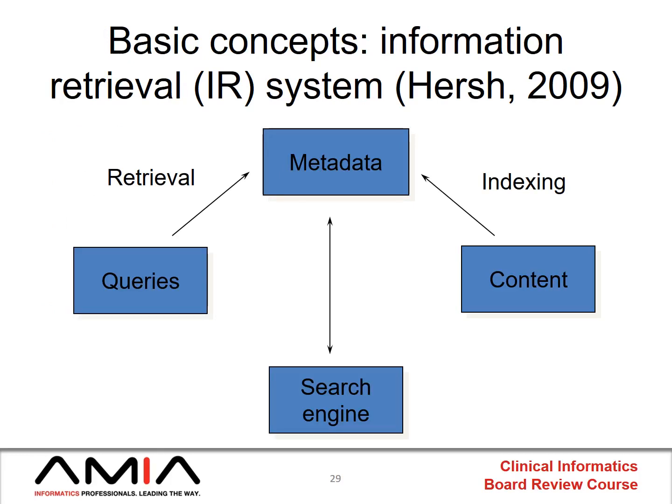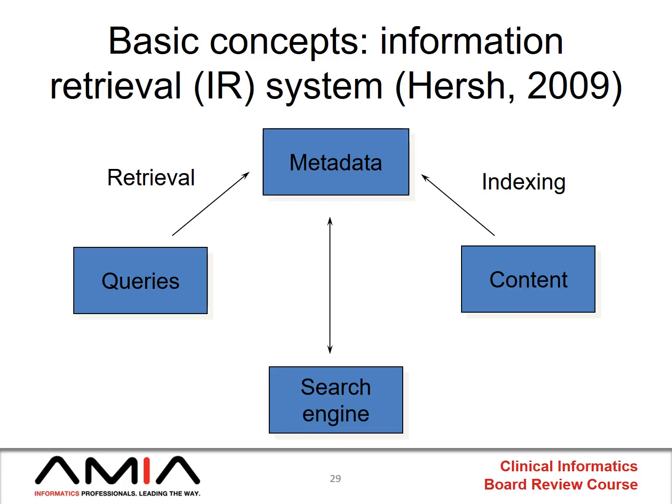This slide provides an overview of the information retrieval process or system. The goal in information retrieval is to retrieve content, which may take the form of articles, book sections, web pages, images, videos, and so forth.